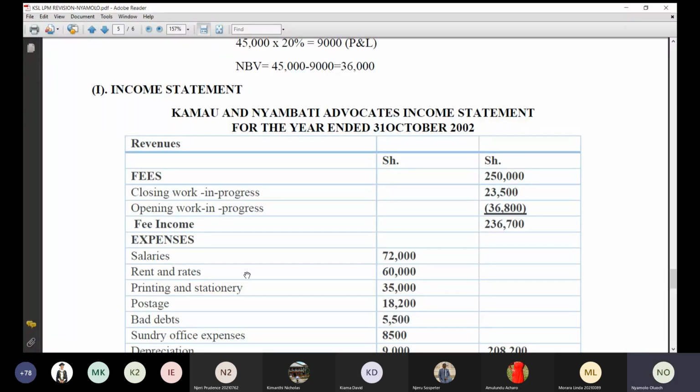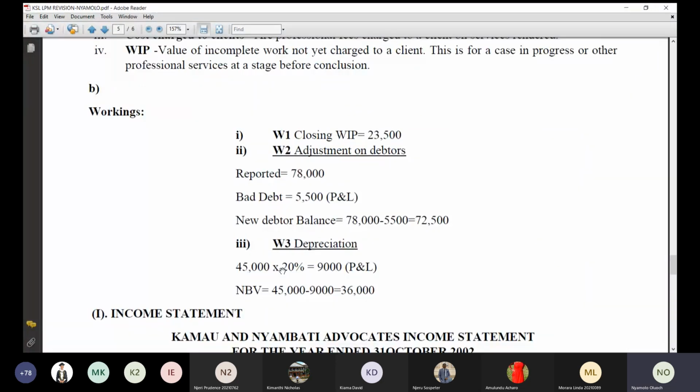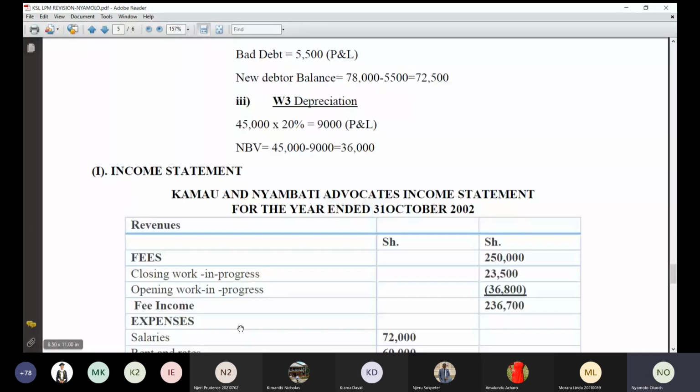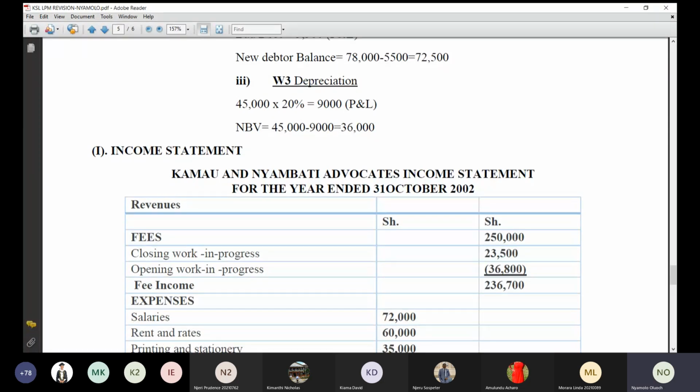Don't worry about that table. I was doing them very quickly so that I don't disappoint you and defer this class. So we'll start by charges to clients. Then we will add our closing work in progress, which we have put there. Then we less our work in progress, which is in the trial balance. So our total fees would be 236.